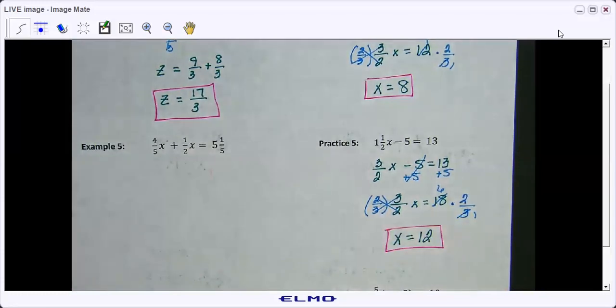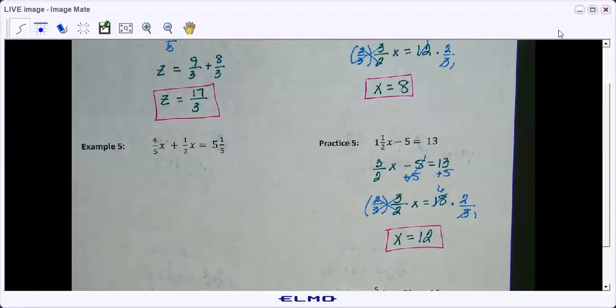All right. Questions? You want to pull your desk paper so you can... All right, you guys, on example 5, I am going to clear my fractions.